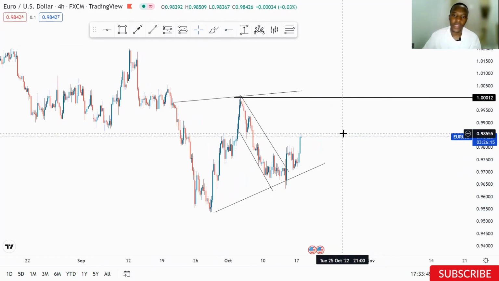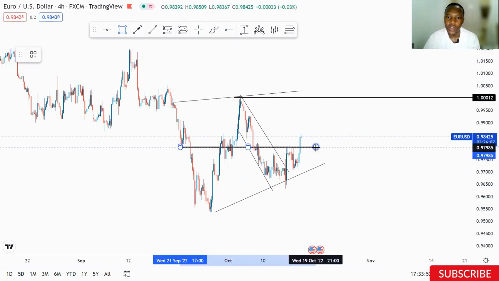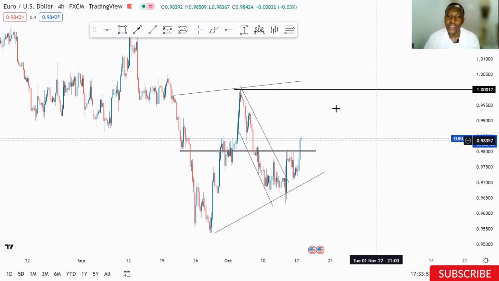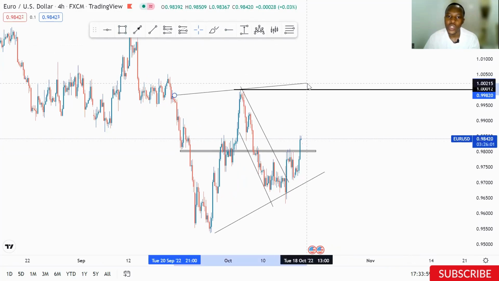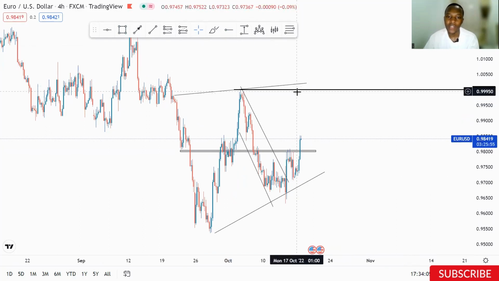You can also see from the 4-hour time frame that we have a sensitive area where we could get a retest, right? And the retest will also happen if the DXY gives us a retest on the other side, because it's negatively correlated with Euro USD.